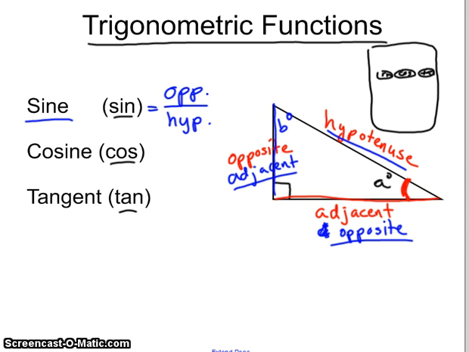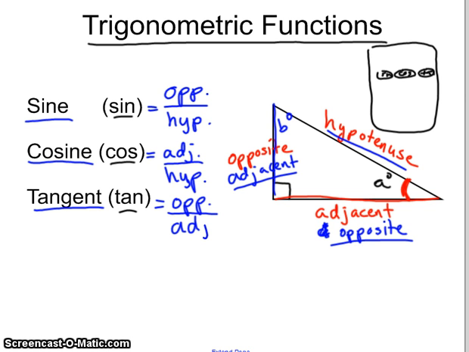When we use cosine, we're using the adjacent leg and the hypotenuse. And when we use the tangent trig function, we use the opposite side and the adjacent. I'm going to show you how this works in just a second.